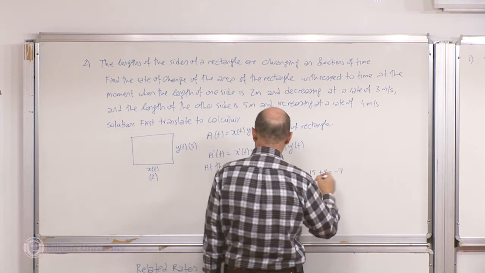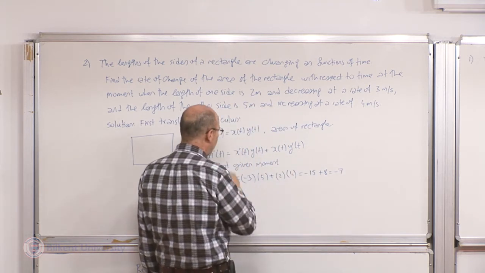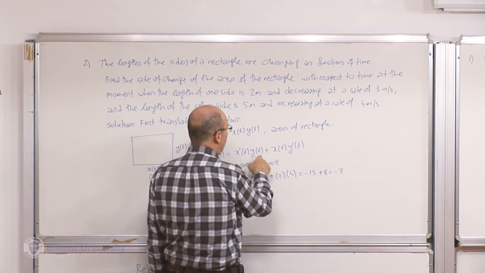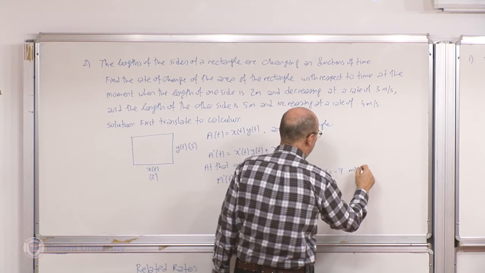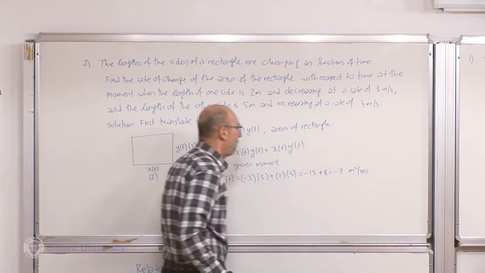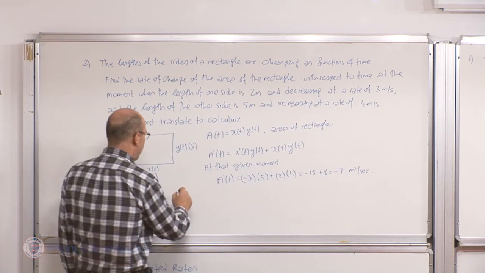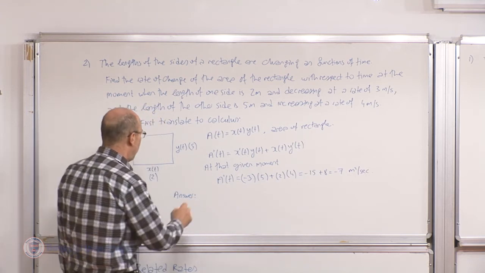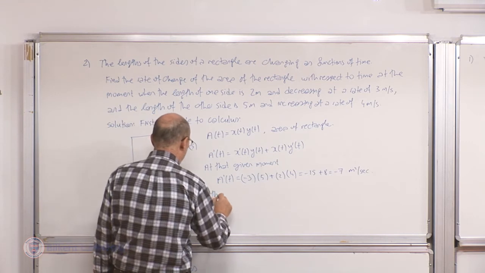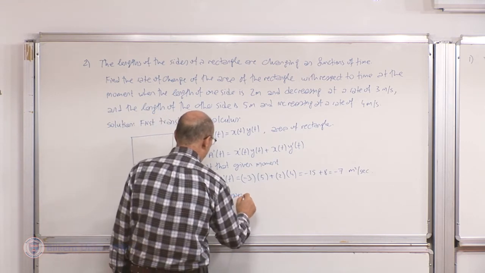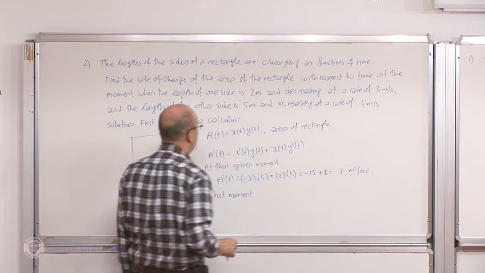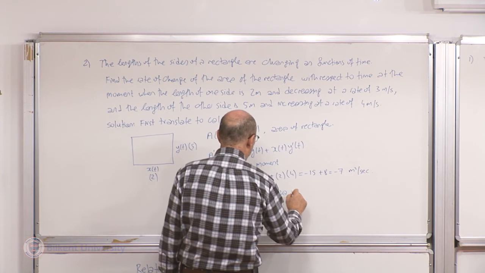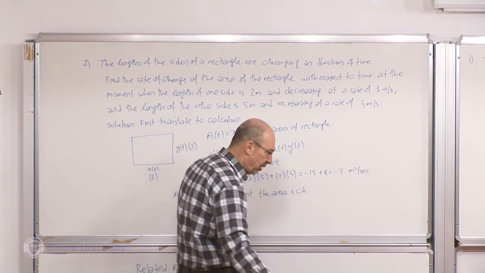If you put units here, this is meter per second, meter. Okay, so this is meter square per second. Okay, so the answer, at that moment, because it's asking what's happening at that moment, the area is decreasing.